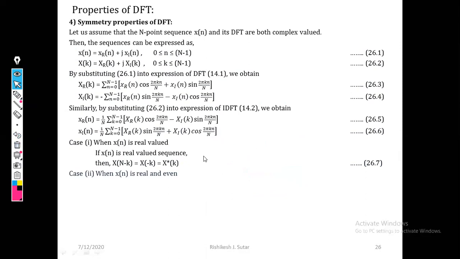For understanding this, we'll write one expression one more time for quick reference.